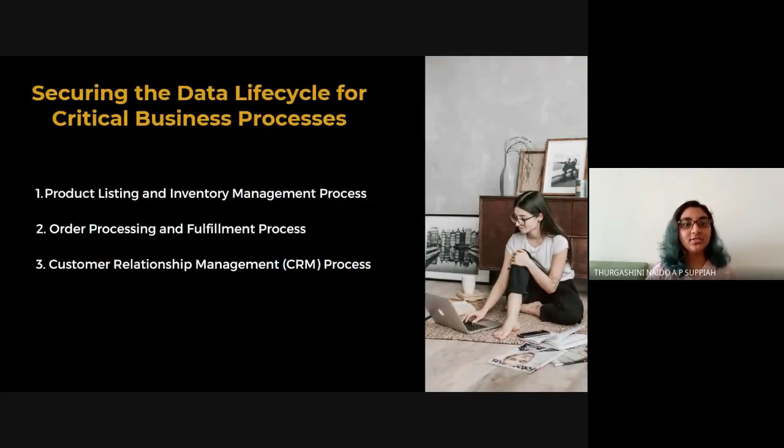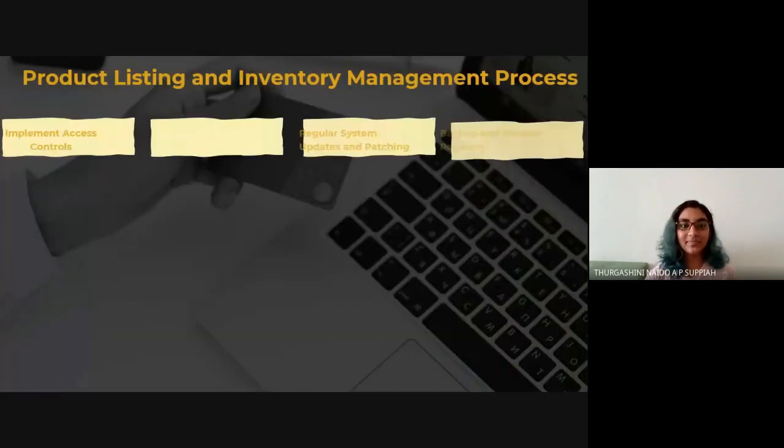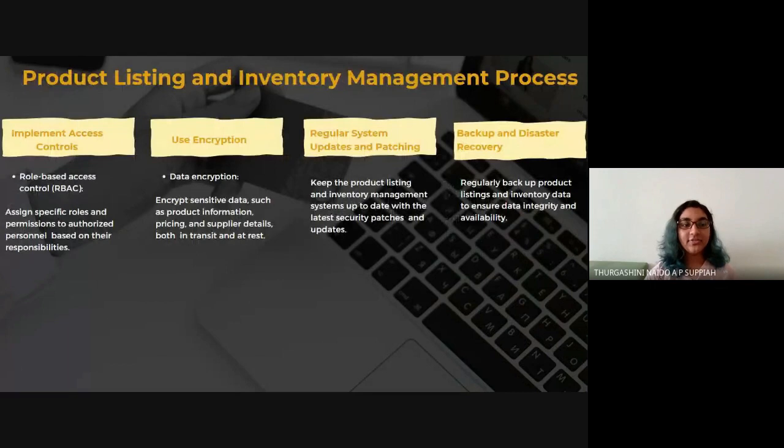Next is securing the data life cycles for the three critical business processes, which I'm going to explain in the next slide. For the first one, product listing and inventory management, we implement access controls, which is role-based access control. We assign specific roles and permissions to authorize access to personal details.